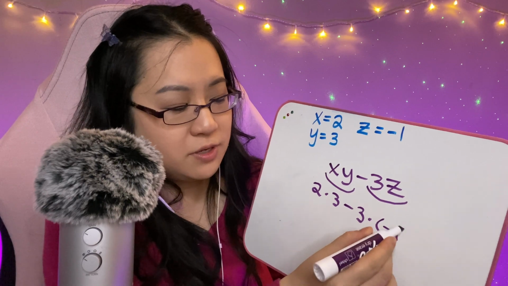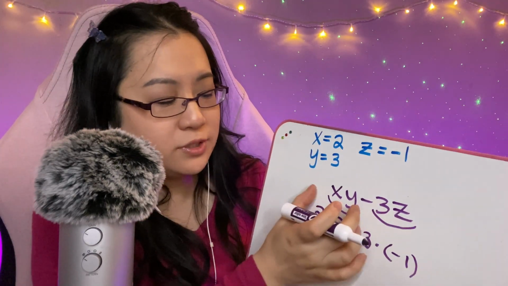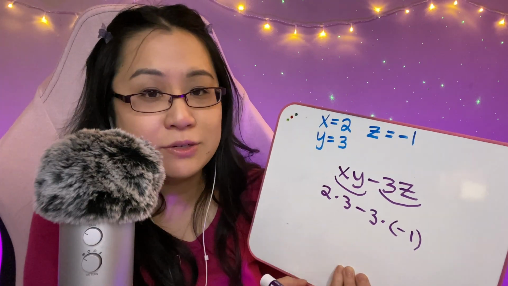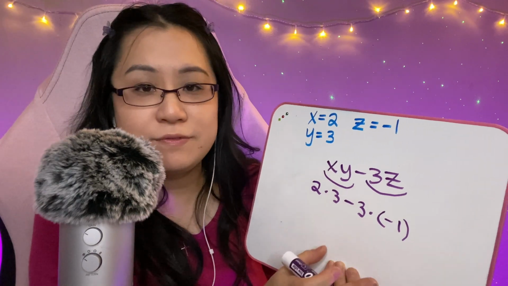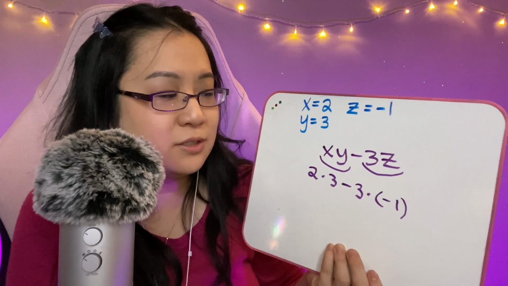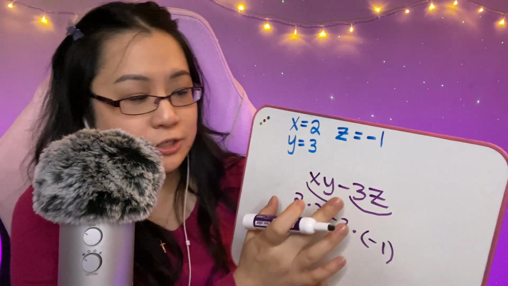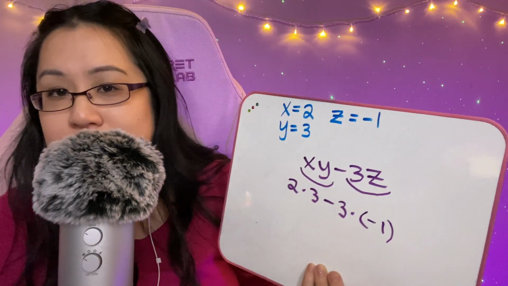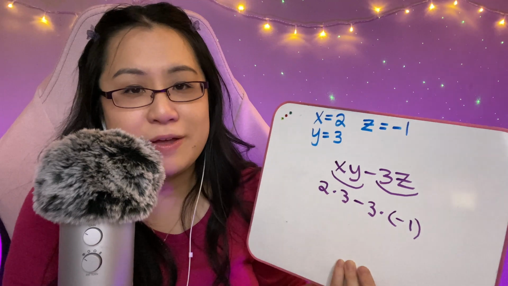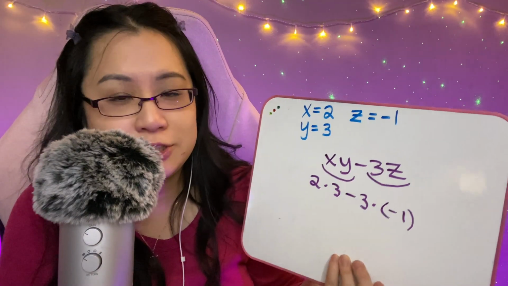So I know this might be where it gets a little confusing to write out, but if you remember that it's this product minus this product, that might help if you want to break it down first. But if you have to write it across like this, remember that multiplication comes first before subtraction in this case. PEMDAS or BEDMAS. Either way, we have multiplication and division coming before addition and subtraction.